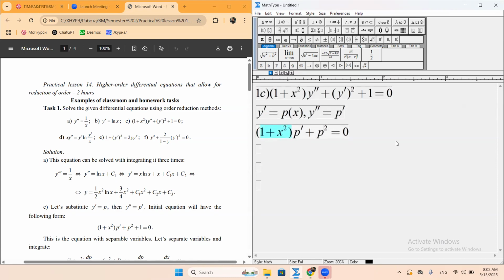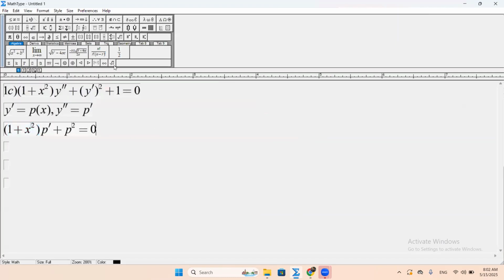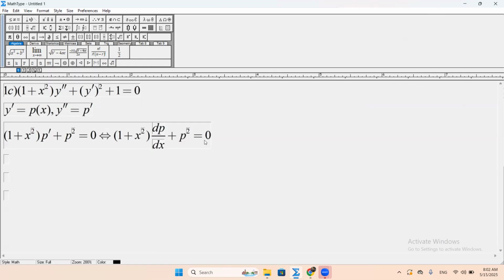So let us separate variables and integrate. So dp by dx, and here let us also move p squared into the right part.